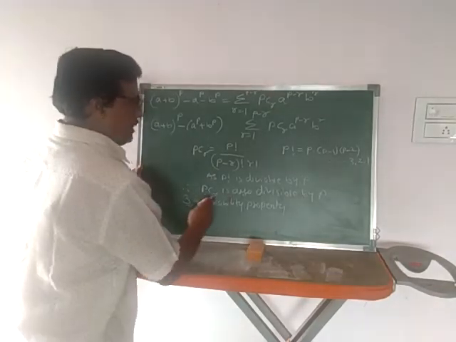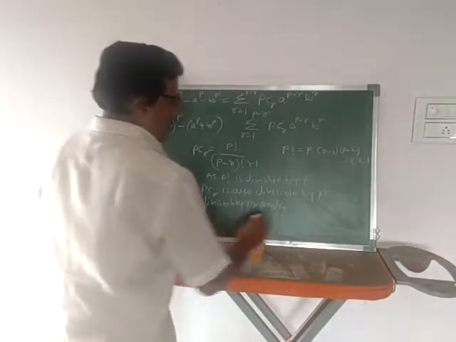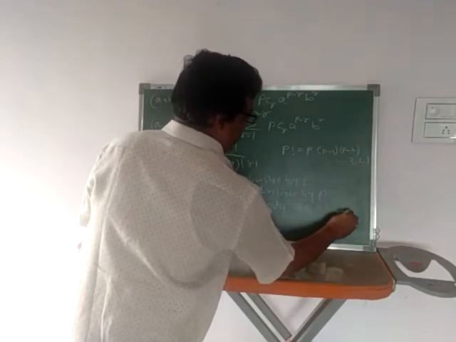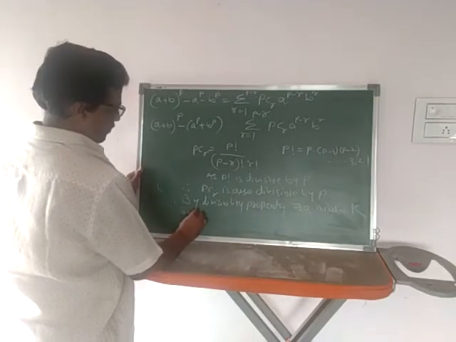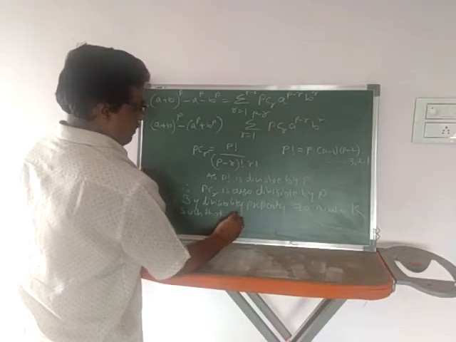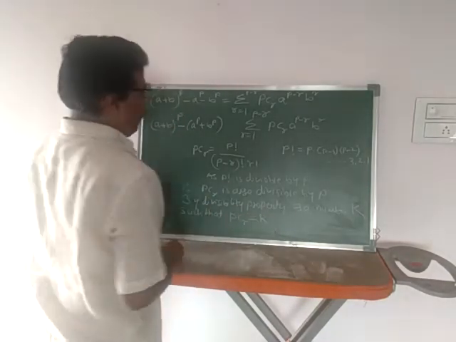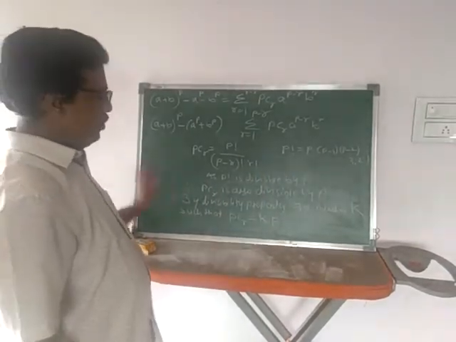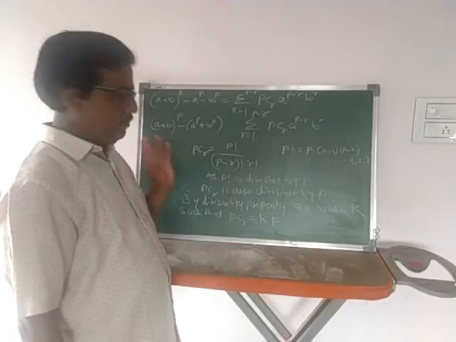So therefore pCr is also divisible by p. So by the divisibility property, there exists a number k such that pCr is equal to k into p, because p divides pCr.